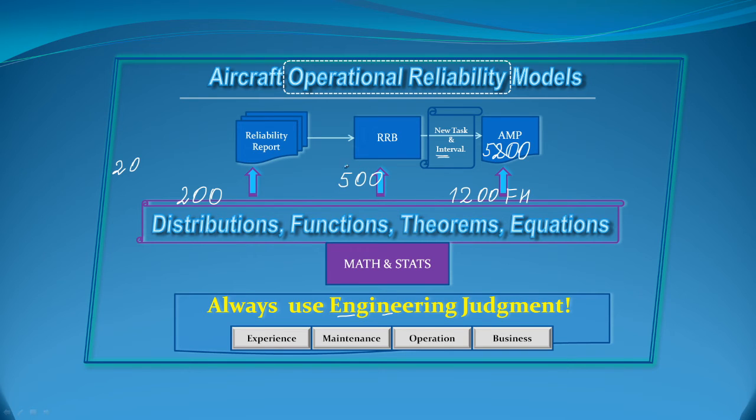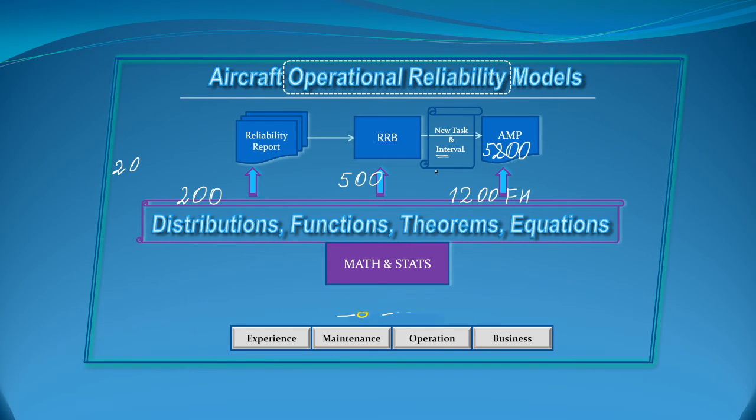It can be 500 flight hours, I'm not saying no. But we cannot blindly take these 500 flight hours and tell the maintenance program, without reviewing all these items, that the interval for this new task, BPCU removals overhaul, is 500 flight hours. Now, this is not correct. Why? Let me explain why.